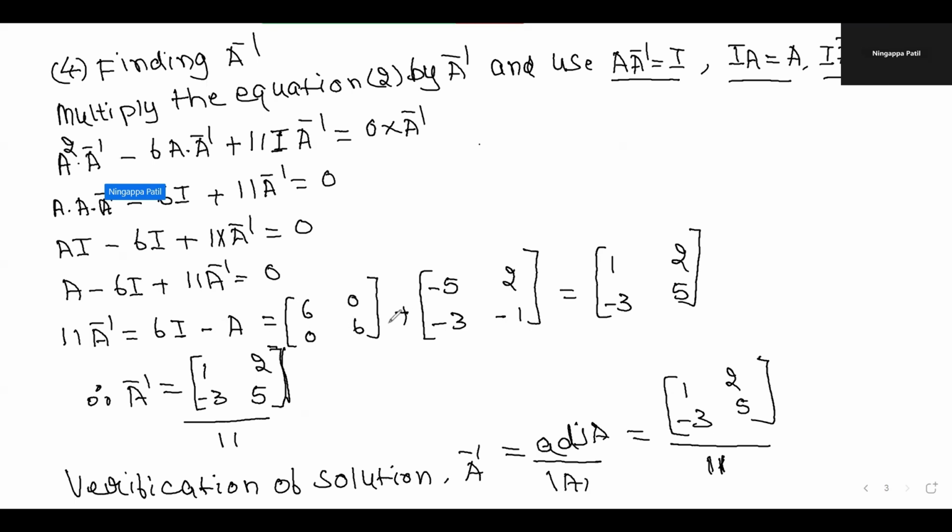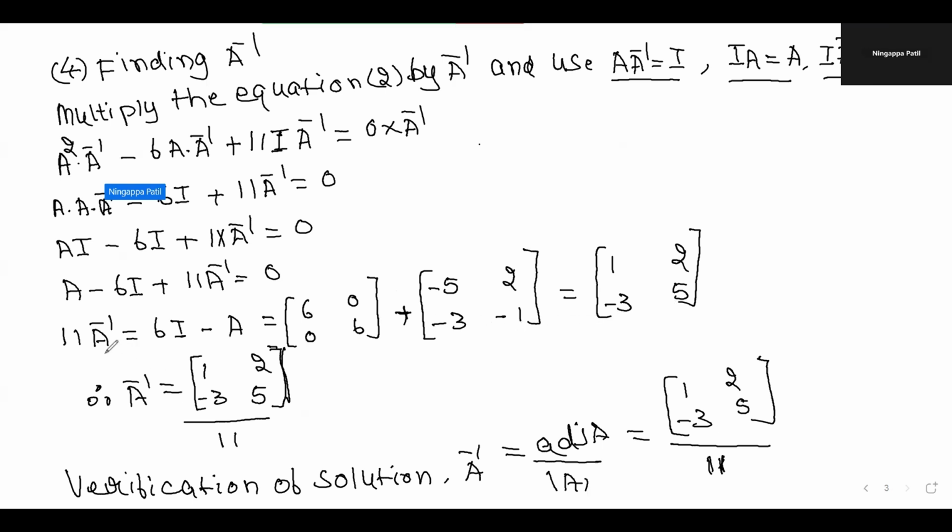And look here, minus A: make it a plus and take this minus inside the A. Minus 5, 2, minus 3, 1. Adding is simple and easy. Then 6 minus 5 is 1, 0 plus 2 is 2, 0 minus 3 is minus 3, 6 minus 1 is 5.